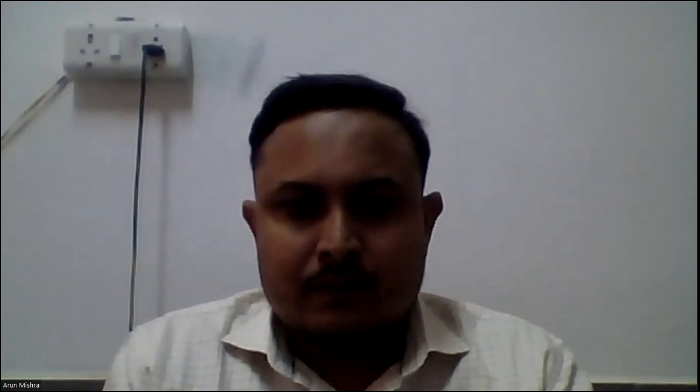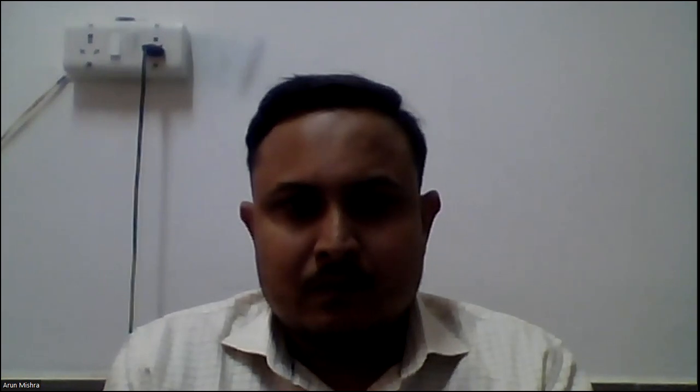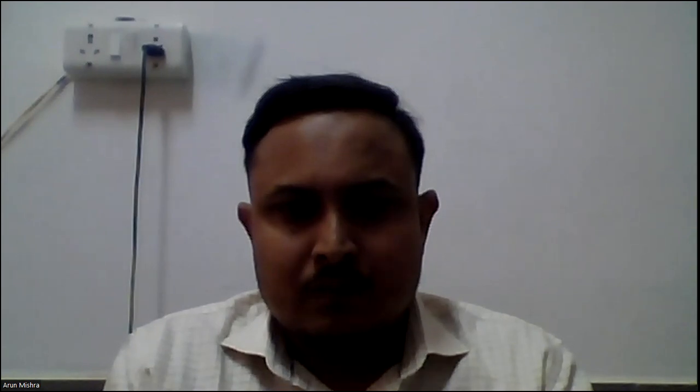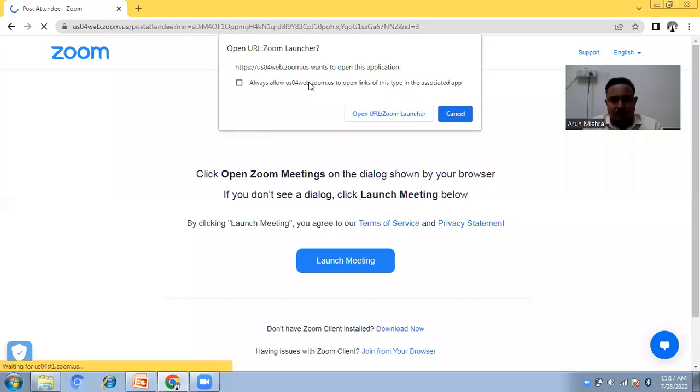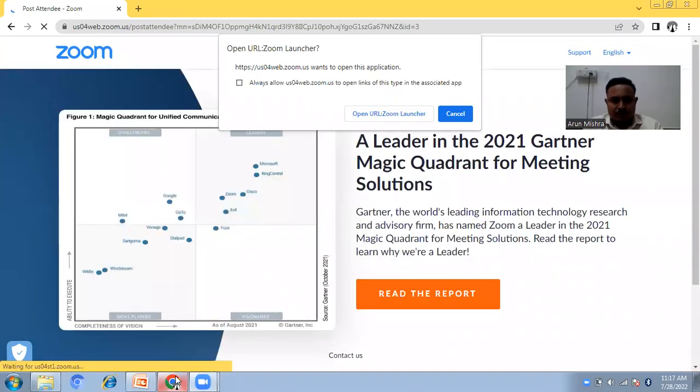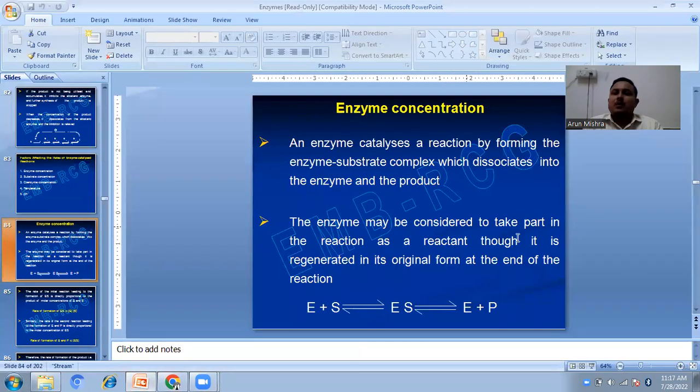The enzyme may be considered to take part in the reaction as a reactant, though it is regenerated in its original form at the end of the reaction.